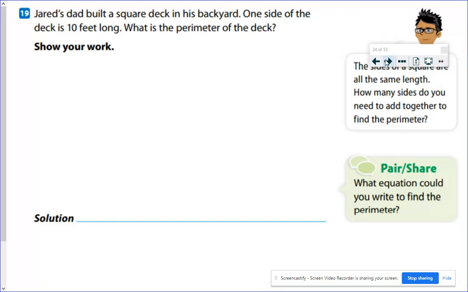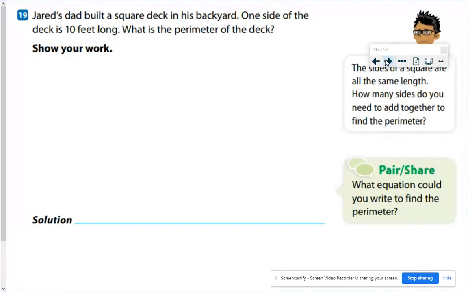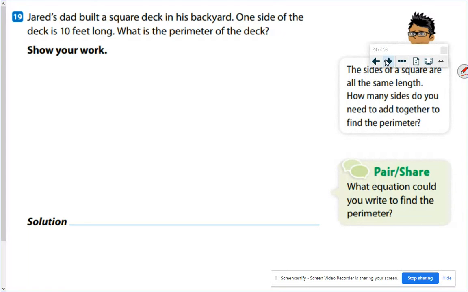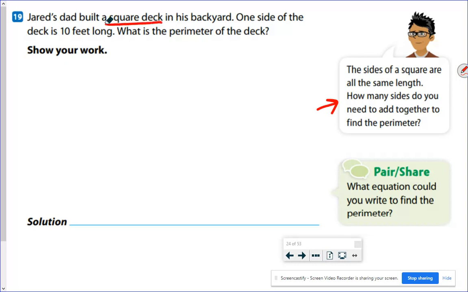Pause the video and read this and see if you can figure out what the answer is. This information over here is going to be helpful. Give you a hint if you're stuck. Okay, Jared's dad built a square deck. One side of the deck is 10 feet long.